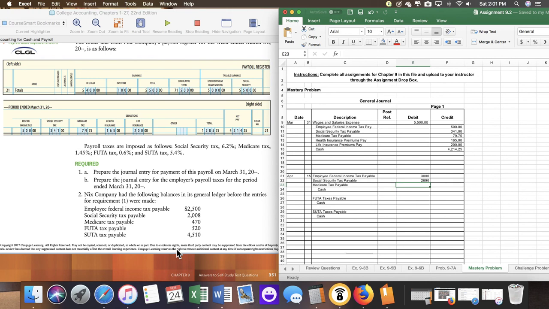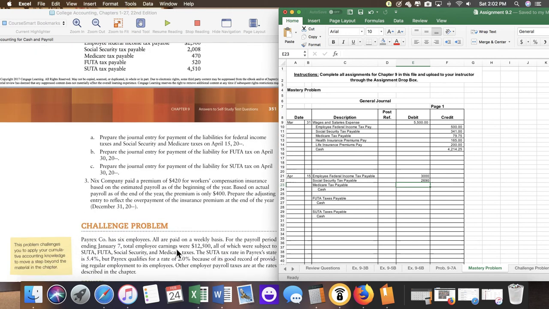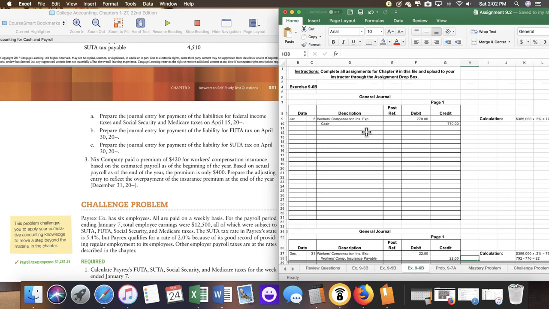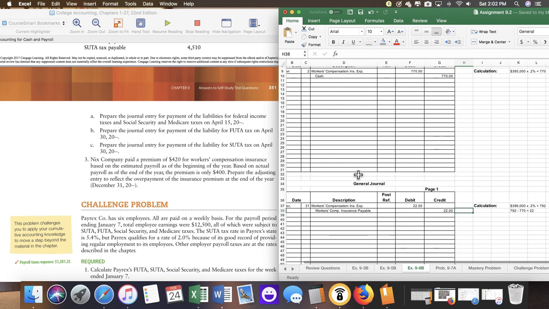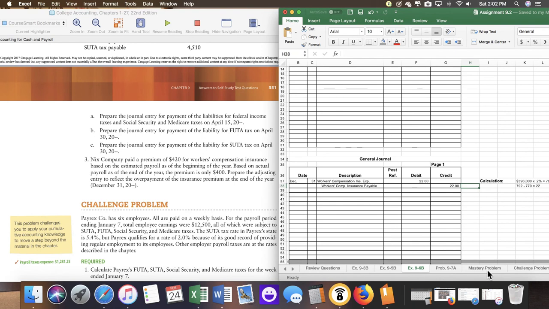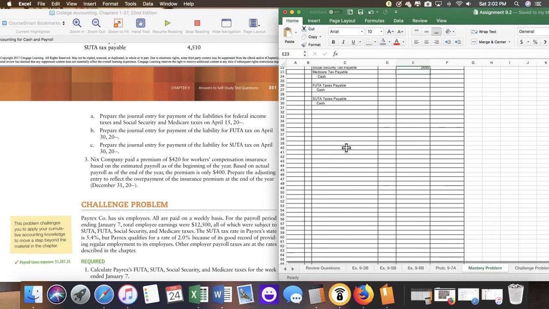Now, the last part is like 9-6, except instead of having an expense and a payable, we are actually going to have a refund. We've actually overpaid. So in this case, your journal entry would be on December 31st.